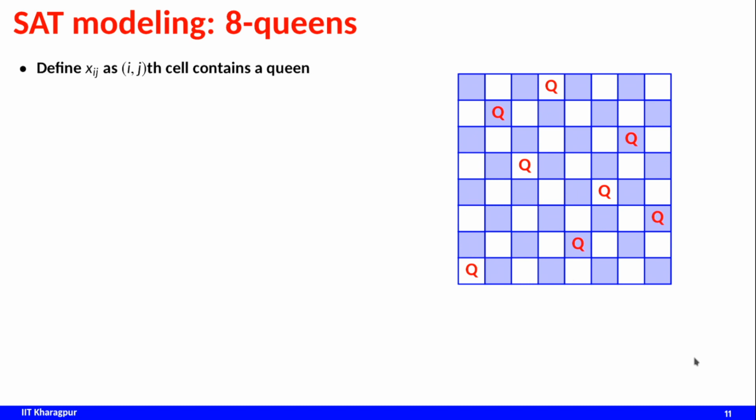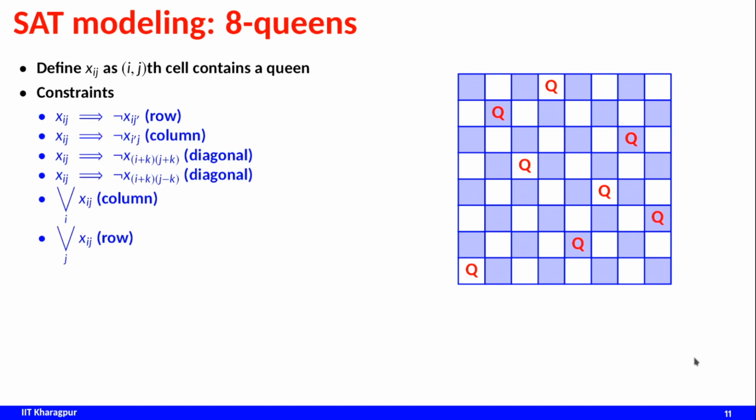Now we have to model this. We define the boolean variable this way: x_ij, if cell ij contains a queen, then it will be 1, otherwise it will be 0. Now we have to write the set of constraints. If I choose two cells, x_ij and x_ij prime, where i represents the row and j represents the column, then if I vary j, i remains fixed.